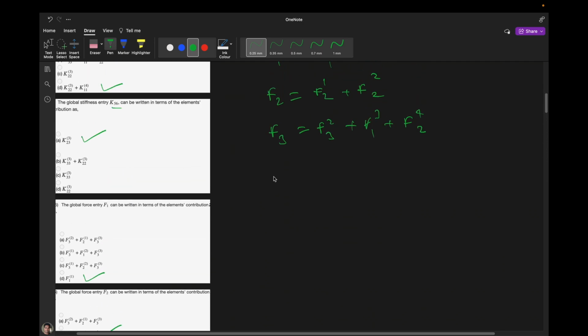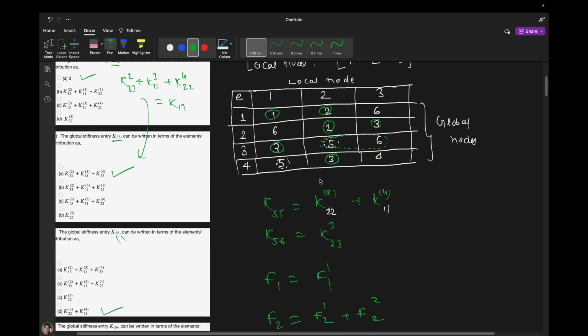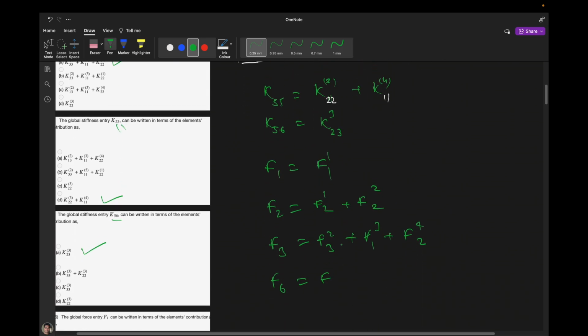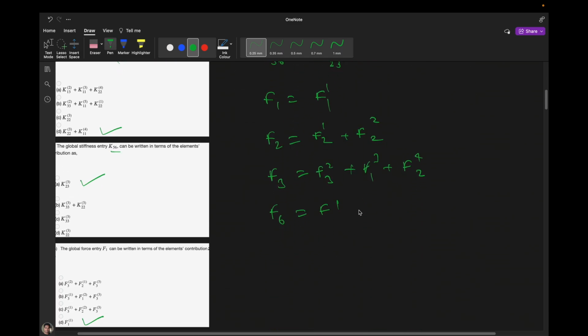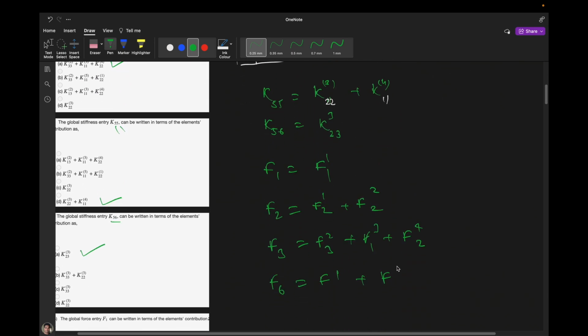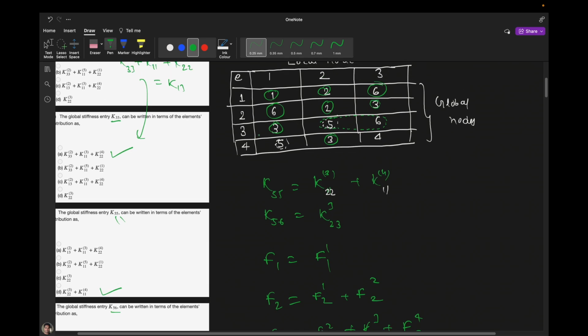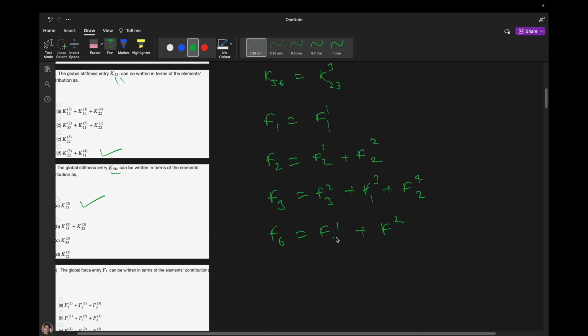Now similarly, what is it asking? What is F6? So let's see 6. Where is 6? So 6 is here, 6 is here. For the first 6 it will be shared by element 1, and another 6 it will be shared by element 2. Okay, so for the first 6, what is the local node? 3, so it will be 3.